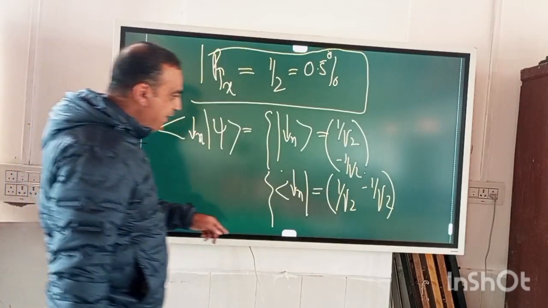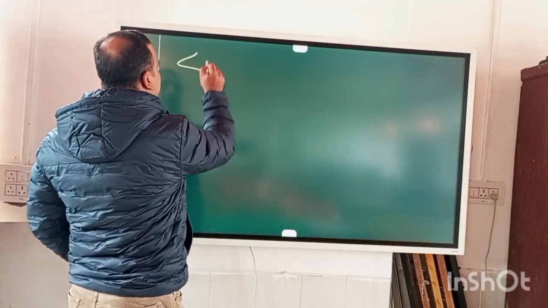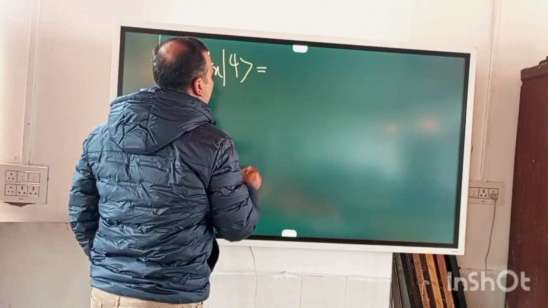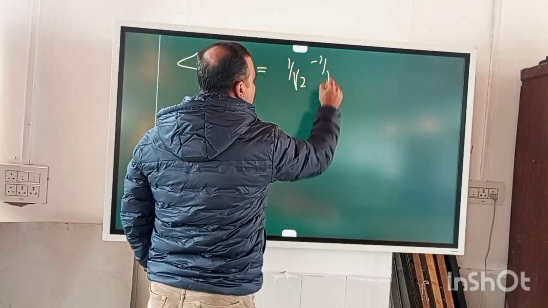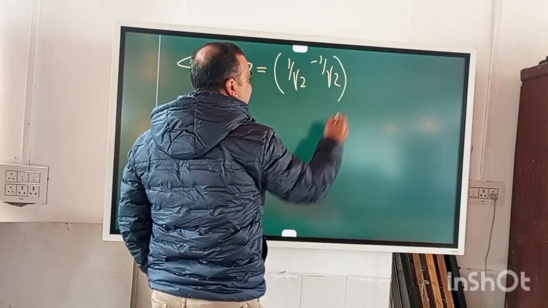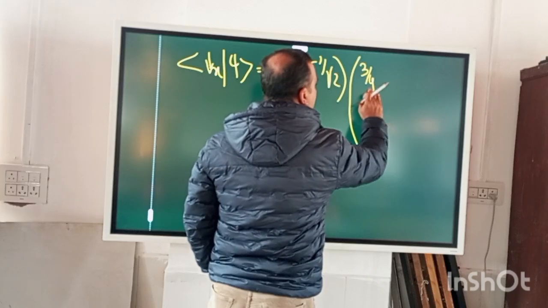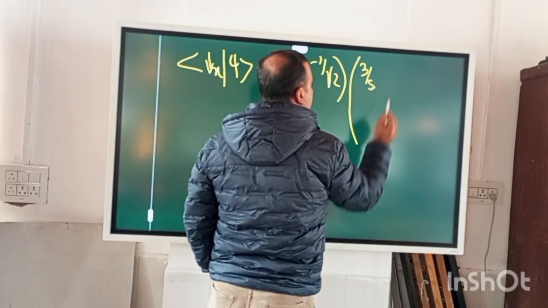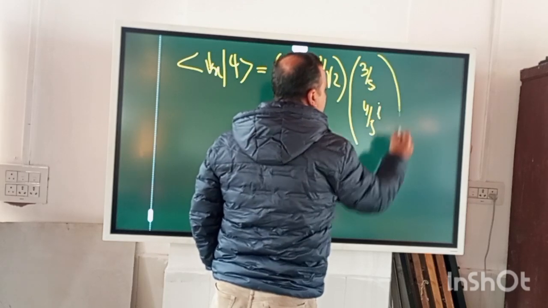We can repeat this act, and what we are calculating basically is spin down on x on psi. So I will have 1 by root 2, minus 1 by root 2, and for psi, what I have is 3 by 5 and 4 by 5i.